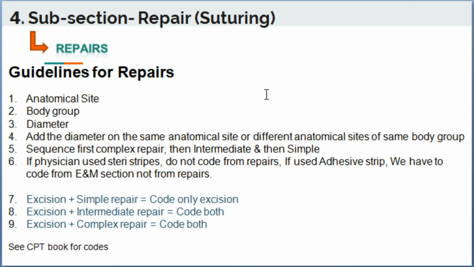Again, we have three more guidelines of repair. If an excision procedure and the repairs are both performed at the same encounter, then what does the coder have to do? If the physician is cutting out a lesion, cancerous or non-cancerous, and then suturing the wound with simple repair or single layer, the coder has to code only the excision, because in the excision procedure simple repair is bundled.